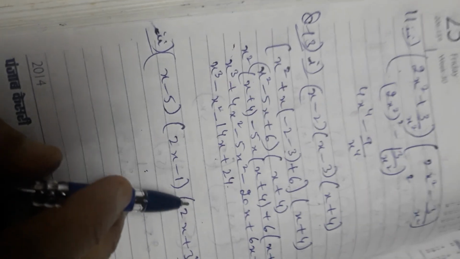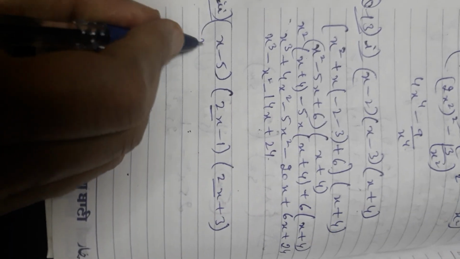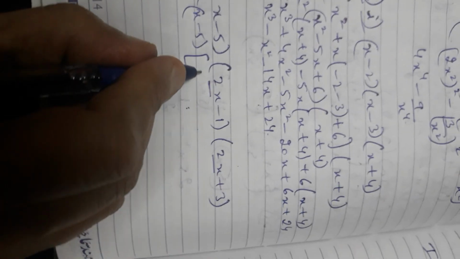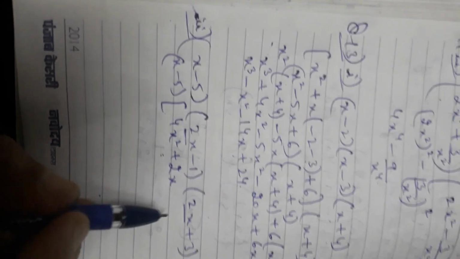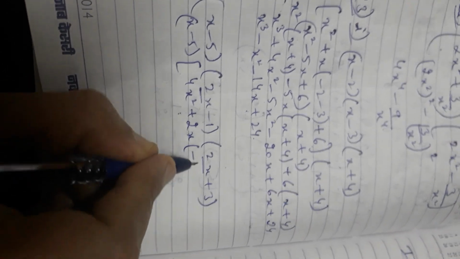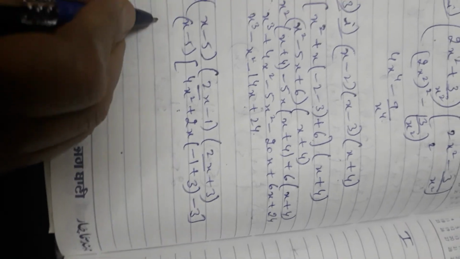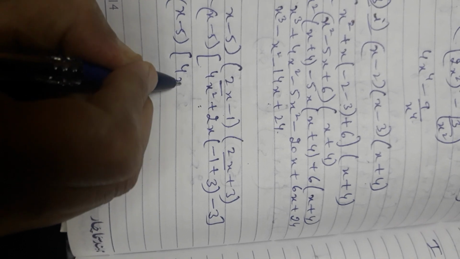Now similarly this, when solving this, you can see these two terms are the same. So x minus 5 we keep as it is, and first we are multiplying these two. Square of the first term plus first term, as we do here x square plus x. Similarly square of the first term plus first term into minus 1 plus 3, and product of this is minus 3. So x minus 5 as it is, and here we get 4x square.